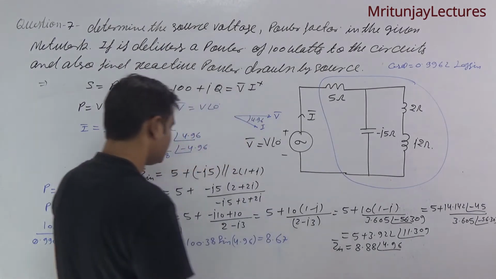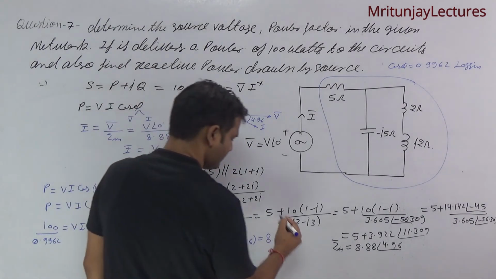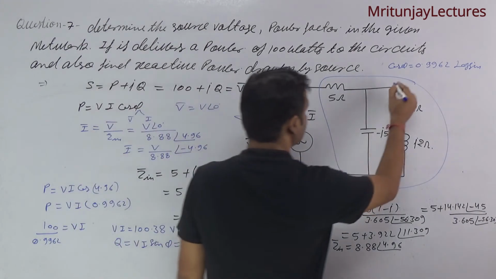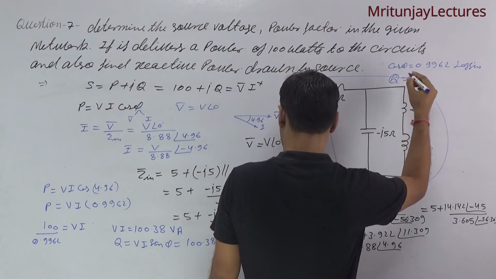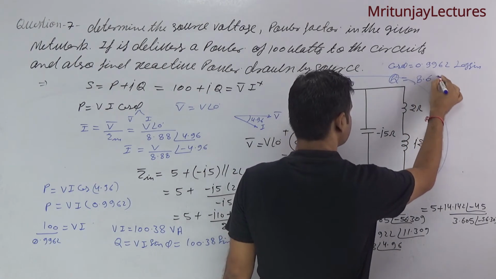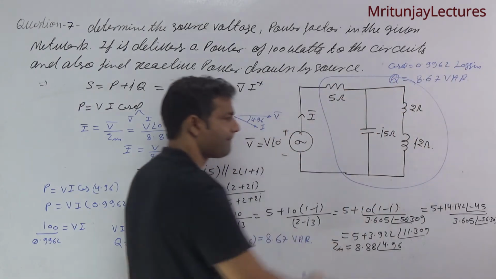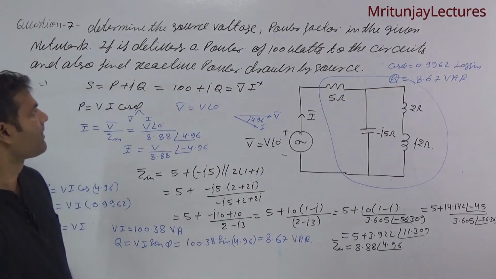Q is in VAR. So the reactive power is 8.67 VAR. Clear?